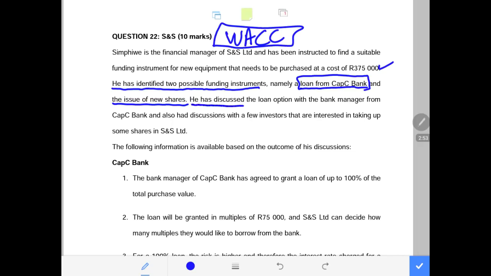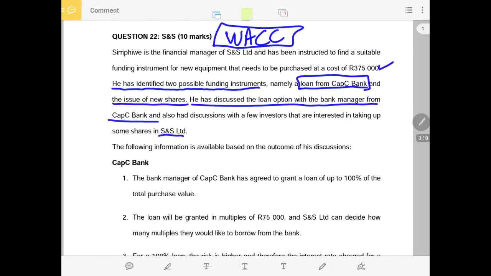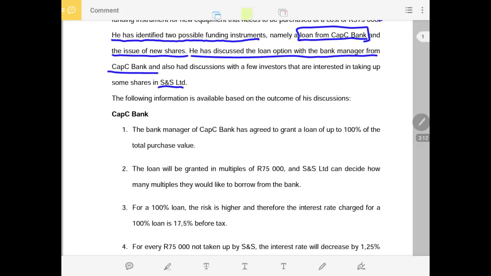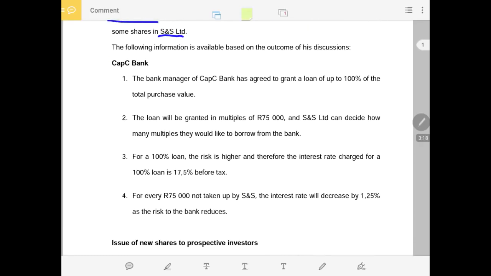He has discussed the loan option with the bank manager from Cape Bank and also has discussed with a few investors that are interested in taking up some of the shares in S&S Limited. So an investigation has been done to assess the best method or source of fund instrument to finance this equipment that is new in this business.